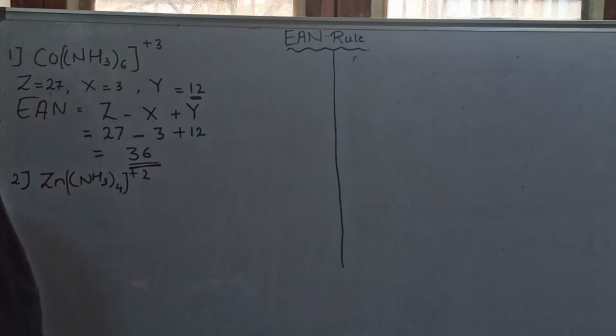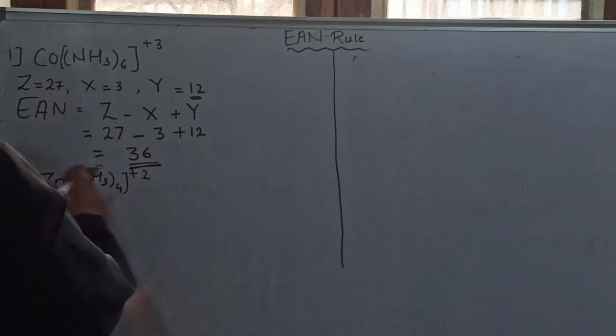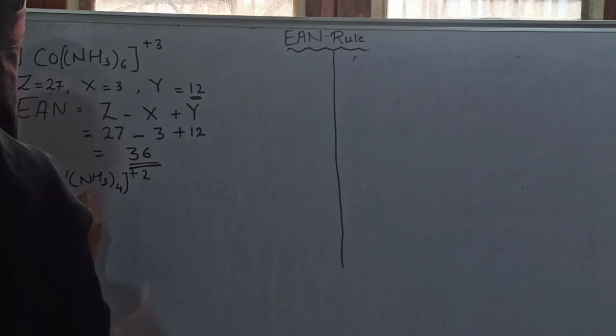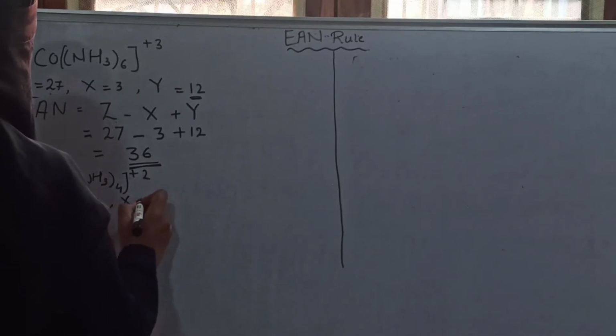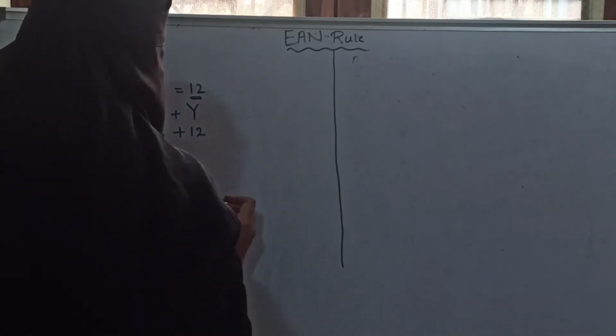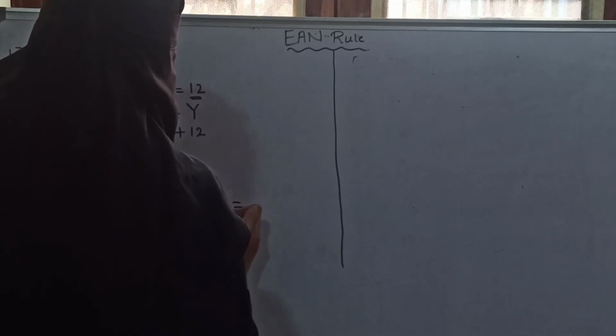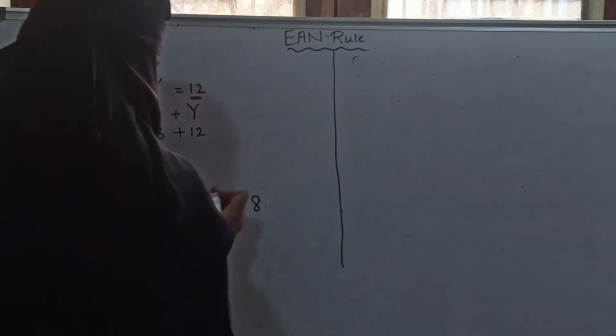Now the next complex is Zn(NH3)4 2+. Here the value of Z is 30, then X is equal to plus 2, and the number of electrons donated by the ammonia molecules is 4 into 2 is equal to 8.